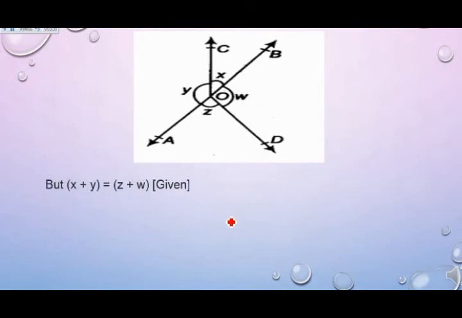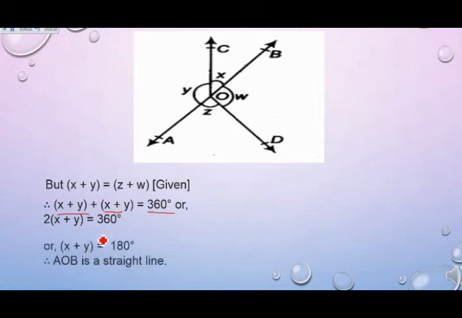So in place of w plus z, we can write x plus y, or in place of x plus y, we can write w plus z. So we get x plus y plus x plus y is equal to 360 degrees, or twice of x plus y is equal to 360 degrees, and therefore we get x plus y is equal to 180 degrees.